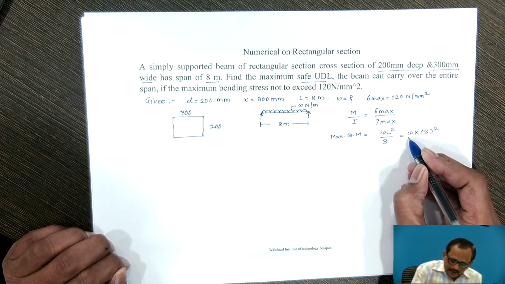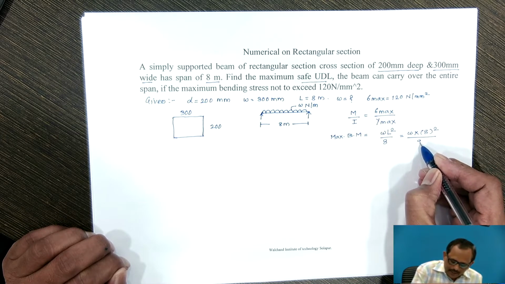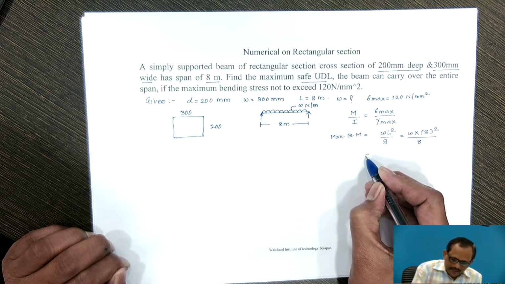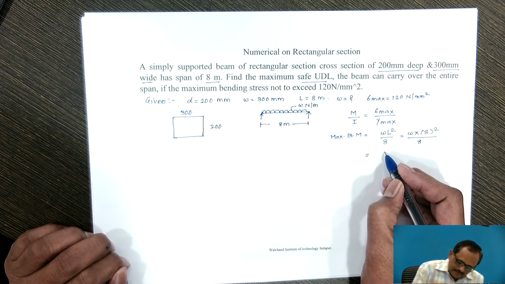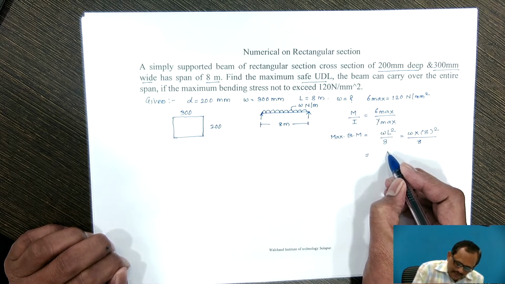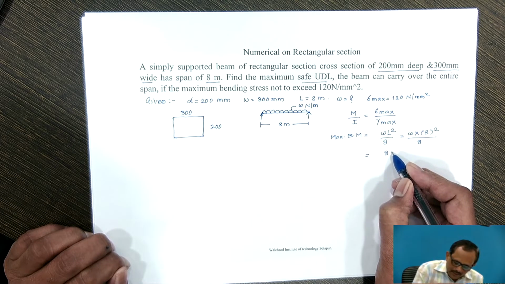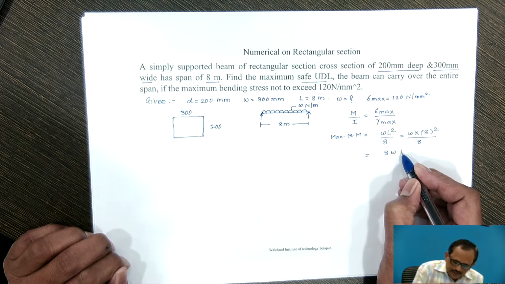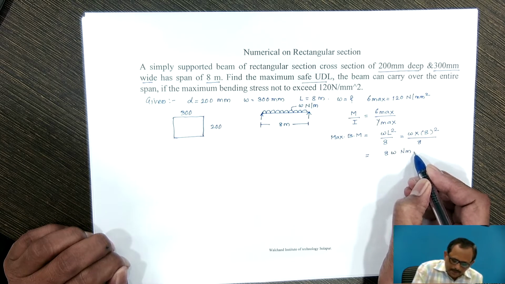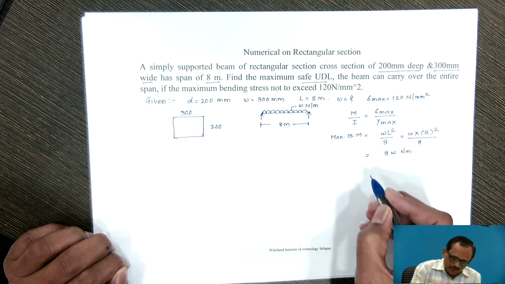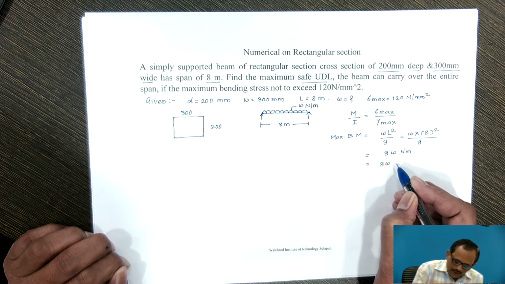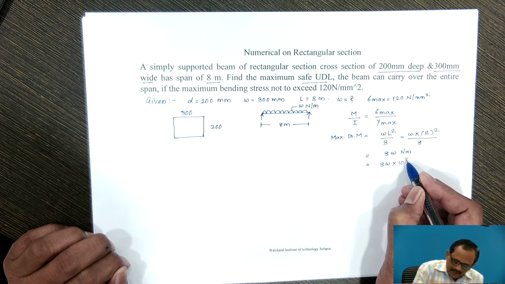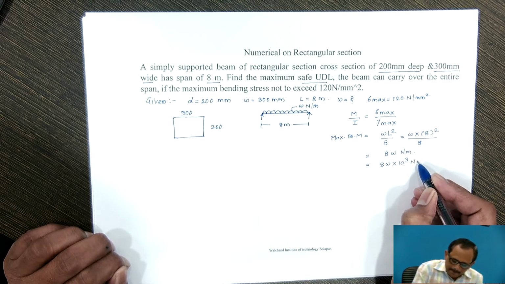Putting the value of the length of the beam, we get the maximum bending moment as 8 times W Newton meter. This you can convert into Newton mm by multiplying by 10 raised to 3.